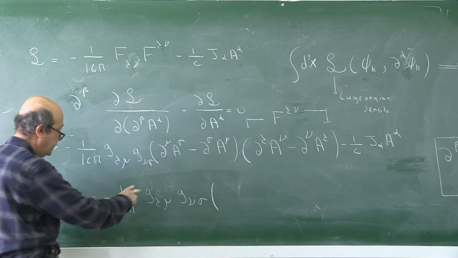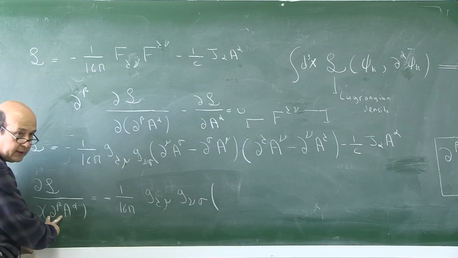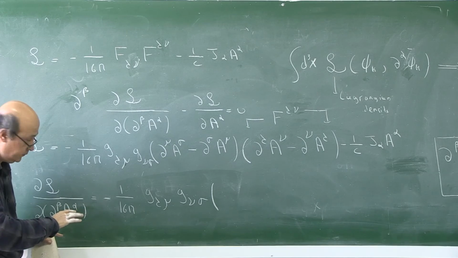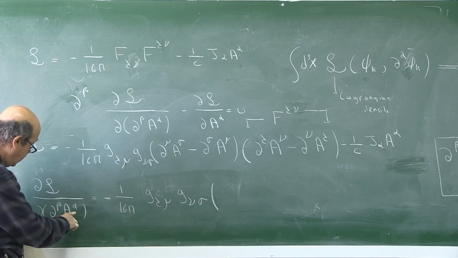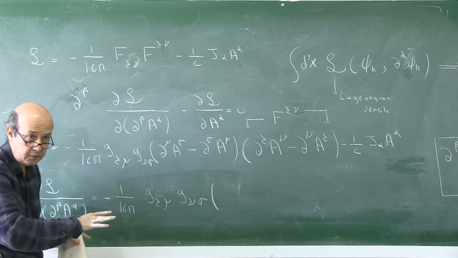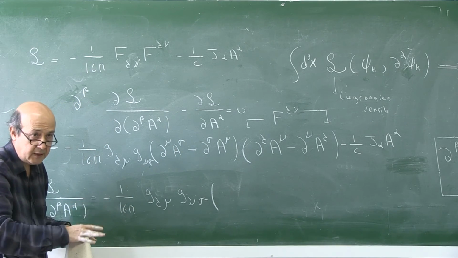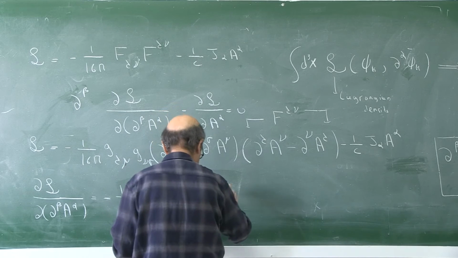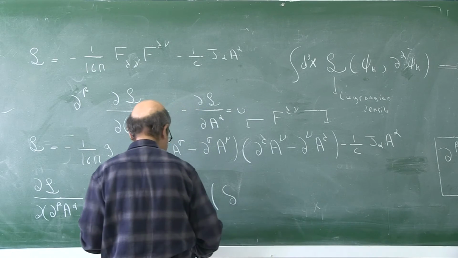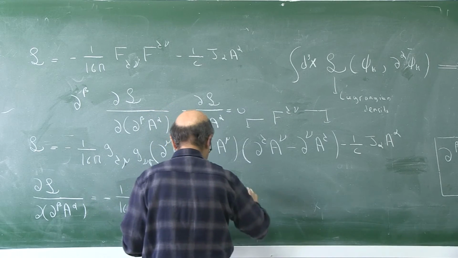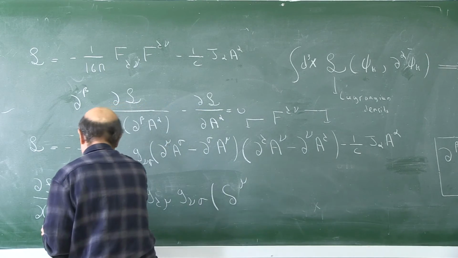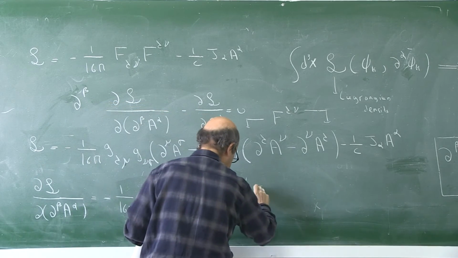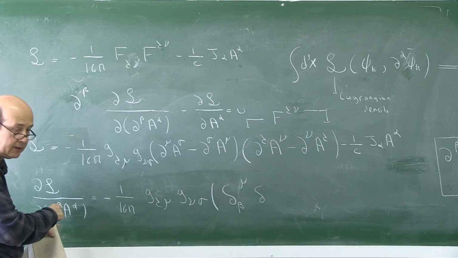So I am going to take the derivative of this with respect to that. If beta and mu are not equal to each other, that will be 0. If alpha and sigma are not equal to each other, that will be 0. We can express this using the Kronecker delta. The representation is the following: Kronecker delta mu beta, and for the other one, Kronecker delta.